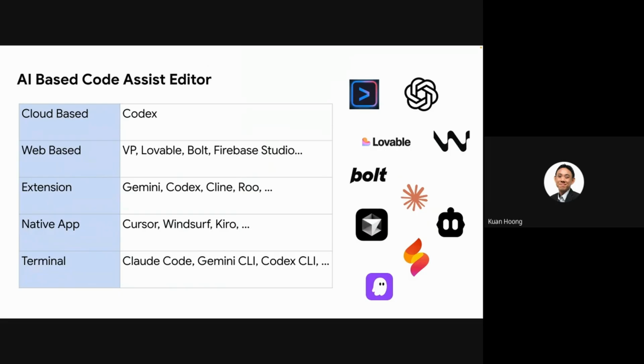And then you have native apps like Cursor, Windsurf, and a recent one from Amazon, Kiro. And in the terminal, you have Claude Code, Gemini CLI, Codex CLI, and more. All these AI agents are also coming to the CLI. You have Kimi CLI, and all the Chinese models are also available in the CLI.